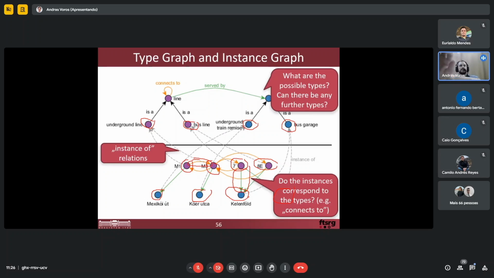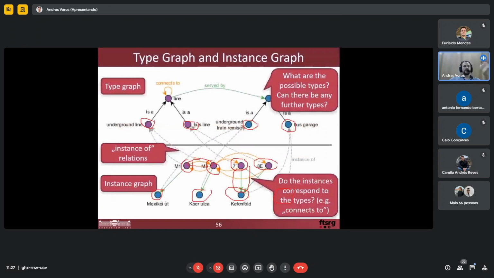So what are the possible types? Can there be any further types? And whenever we are thinking in closed world modeling, I use these kinds of models to define all possible parts. So as you could see, on the top level was the type graph, actually the metamodel, and then come the instance graphs.